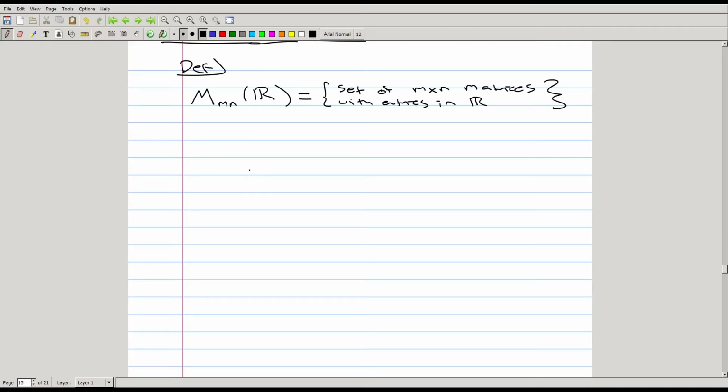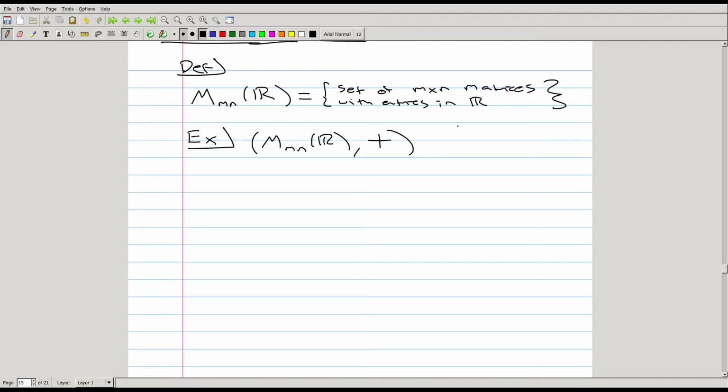And we'll see that we can actually extend this as well in general, but with this definition now, say that the set M_mn of R, comma, addition, where addition is defined as the bitwise matrix addition that we defined before.